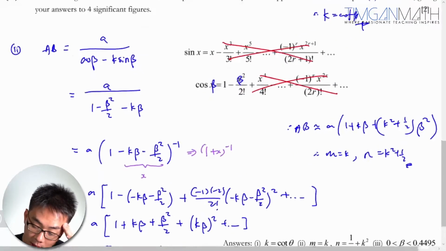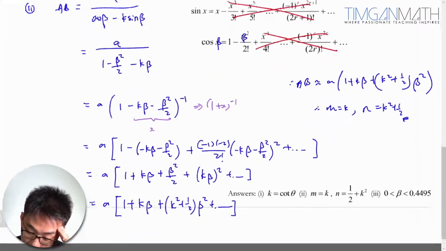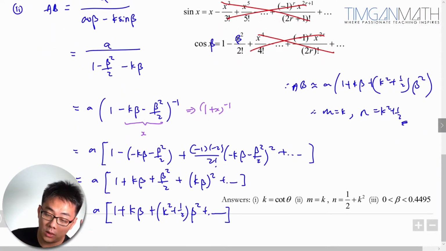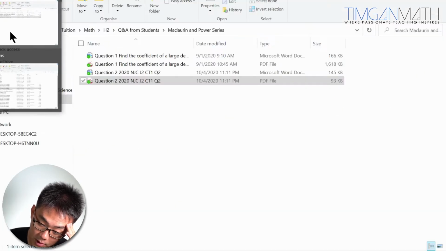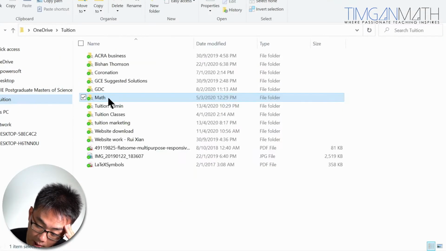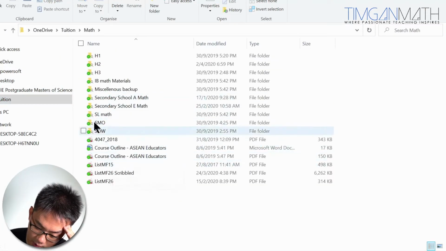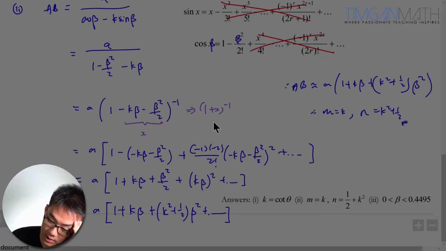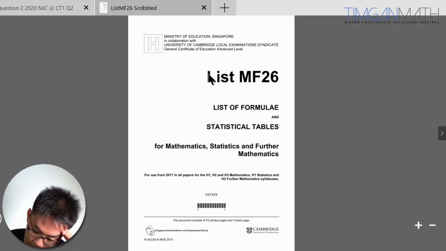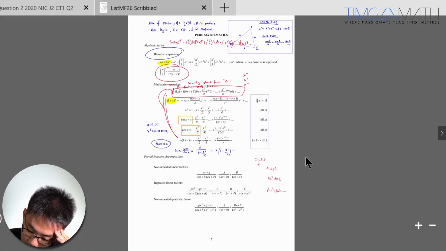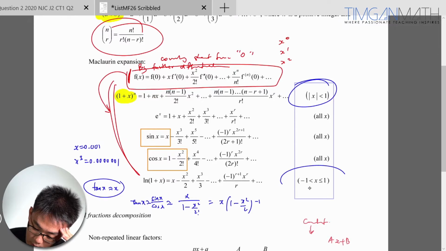Now, if you want the approximation to be valid, this is what you do. There are only 2 expressions in MF26 which have validity: one is the power series, and the other one is the ln. So these are the only 2 with validity.